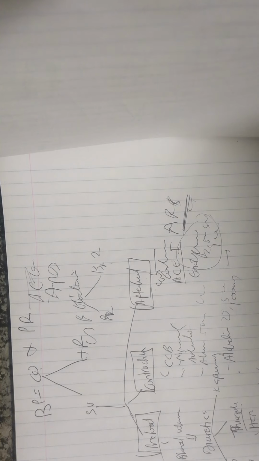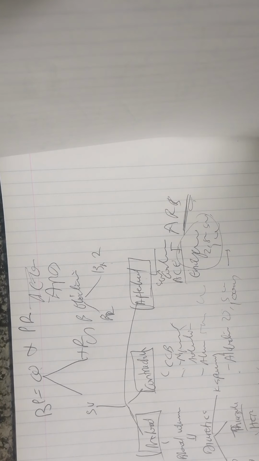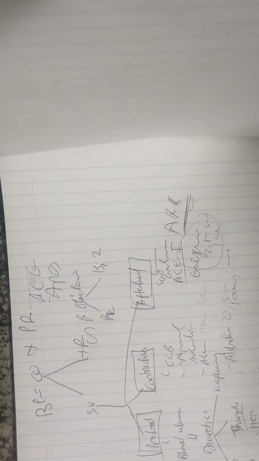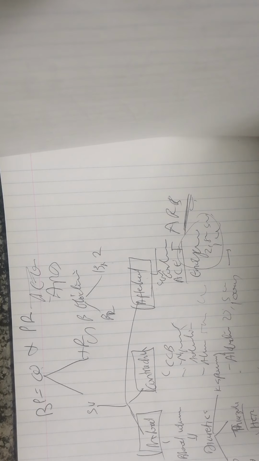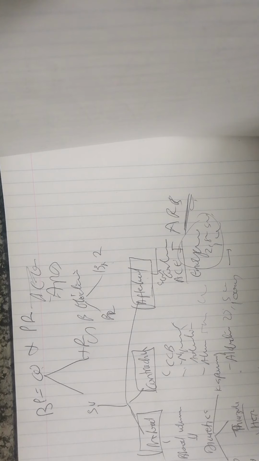So it's the first time that you're diagnosing them. The drug of choice in black patients is diuretics. You can start them on a thiazide, either HCTZ or indapamide. That would be your first drug.